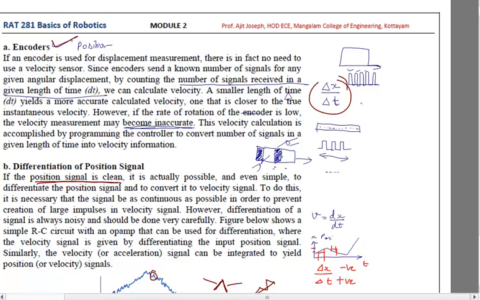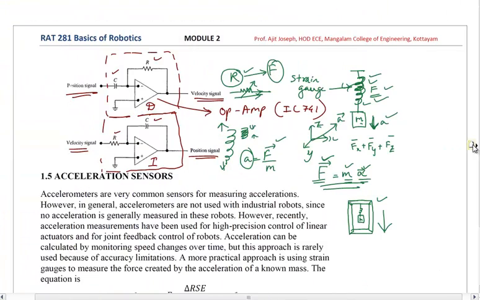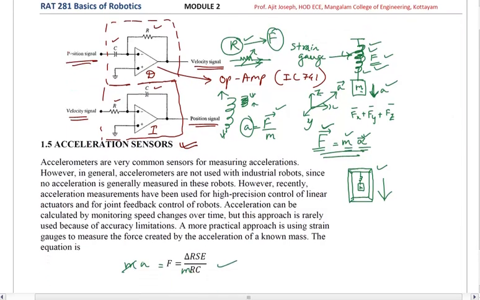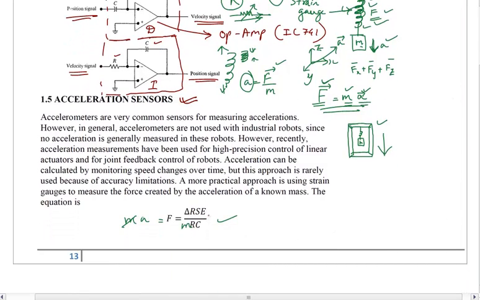The controller will basically calculate what is V. Or if we have a very clean position signal, we will differentiate and try to find out what is the velocity using a differentiator. Then for calculation of acceleration sensors, we can use strain gauge to basically calculate the force, and once we know the force, we calculate the acceleration using the formula.